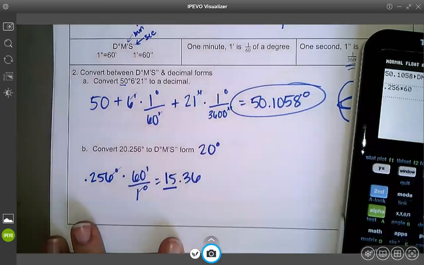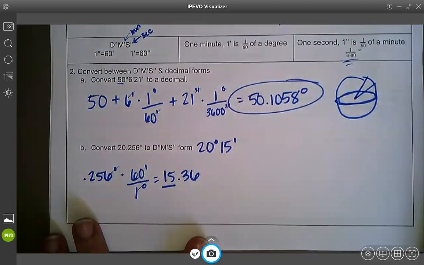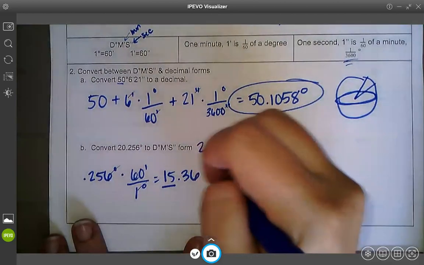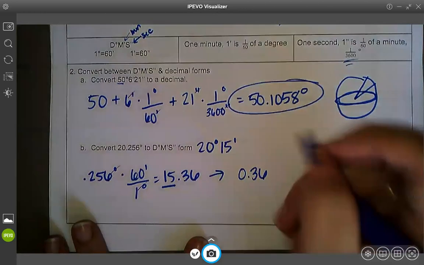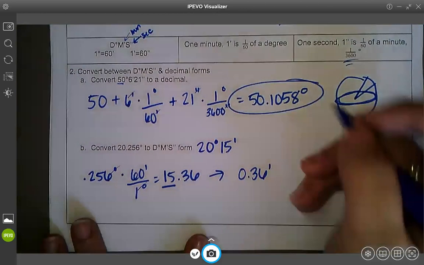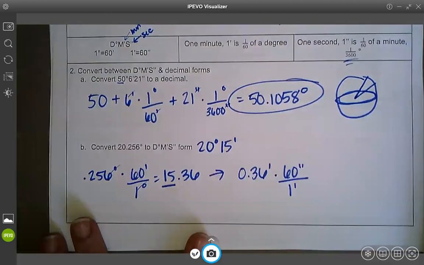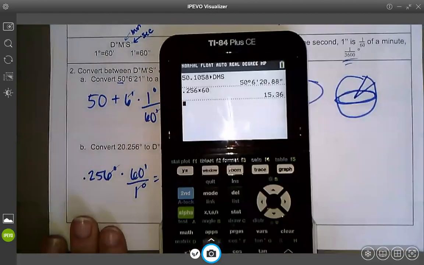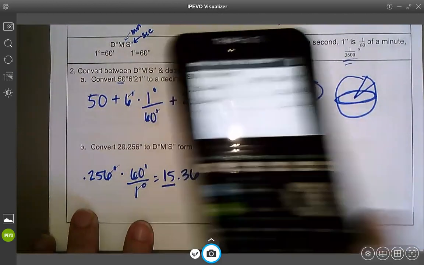The whole number, again, is what goes in your minutes. So I've got 15 minutes. Then I'll take that decimal, because this is minutes, and multiply it by 60 because there's 60 seconds in 1 minute again. So my 0.36 times 60 is 21.6, and I'll round there. So it'll be 22.